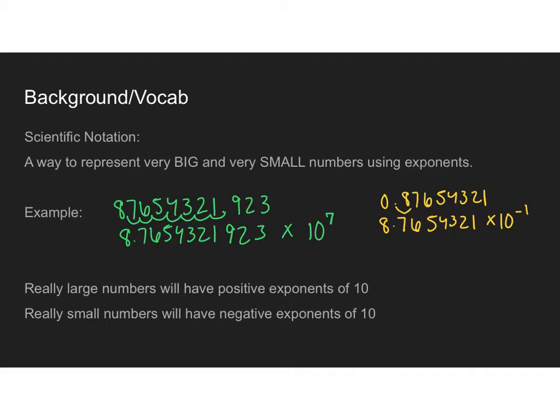Really, really large numbers like the ones I just showed you in green are going to have positive exponents of 10, so you'll see this is times 10 to the 7th power. Really, really small numbers are going to have negative exponents of 10. You'll see this is times 10 to the negative first because I moved my decimal back one. We'll get into how we do it on the next slides. Make sure you have this down before we move on.